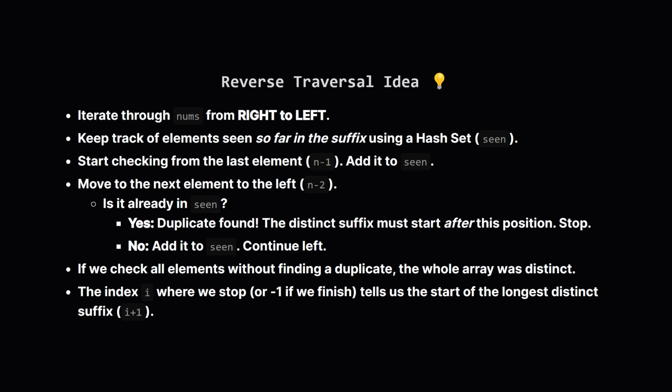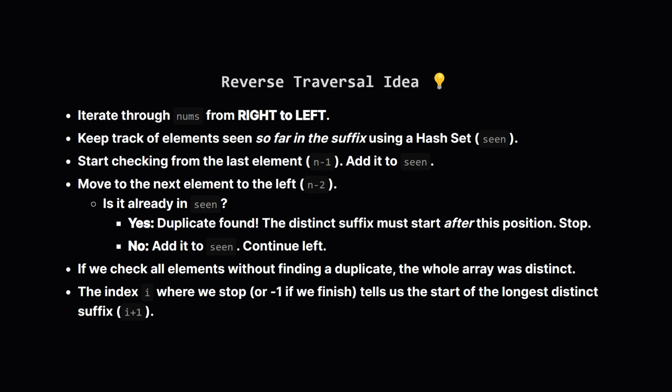So how do we find this longest distinct suffix efficiently? We can work backwards. Let's start from the very end of the array. We'll use a hash set again, let's call it seen, to remember the numbers we've encountered in this suffix part we're building. We look at the last number. Is it in seen? Nope, seen is empty. So we add it to seen. Then we look at the second to last number. Is it in seen? If no, great.